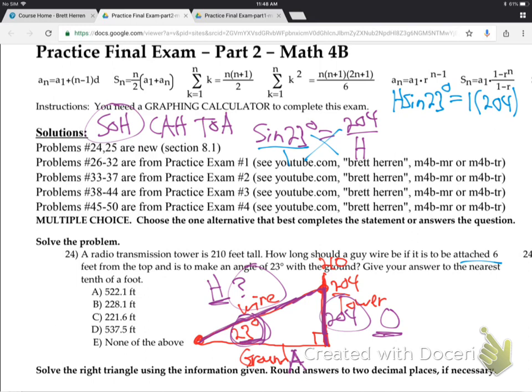Right, it's diagonal. Last step is divide by the sine 23. Boom. H equals, hit the buttons on your calculator. We got to make sure we're in degree mode. Yeah, I am. So I got 522.